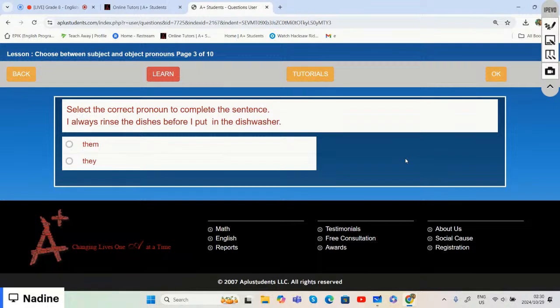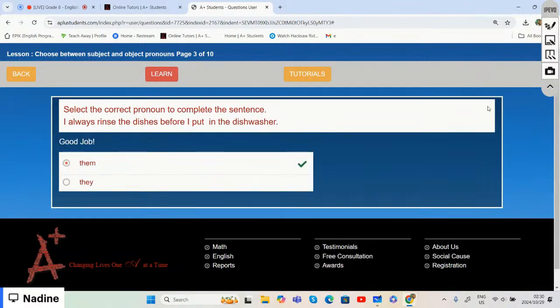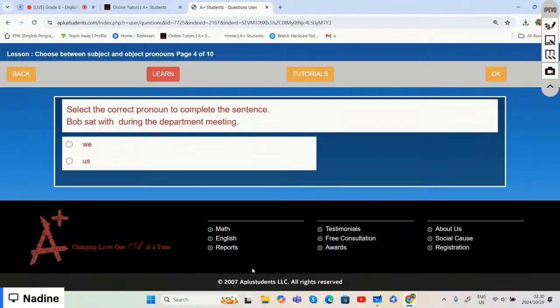And if we were to choose the correct option, we can say, I always rinse the dishes before I put them in the dishwasher. Well done. Option one is correct. The next one says, Bob sat with we during the department meeting, or Bob sat with us during the department meeting? Which one is correct? Option one or option two?